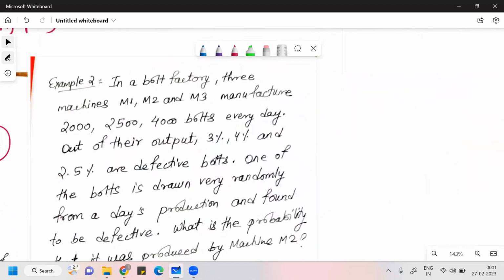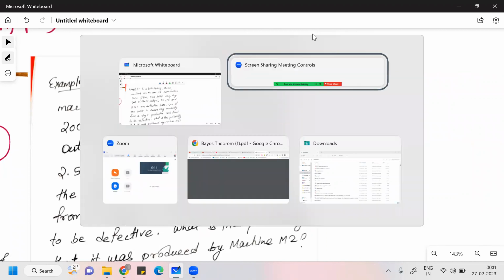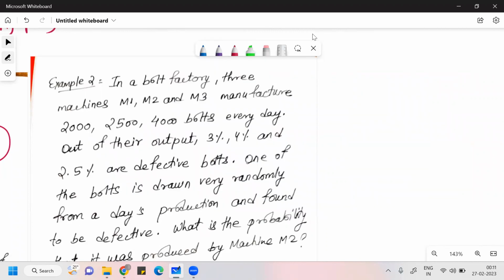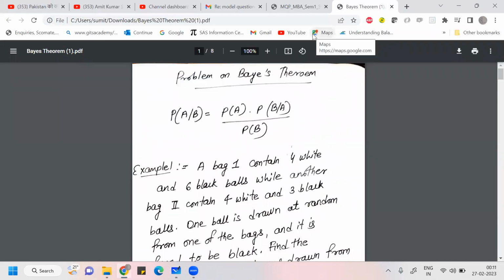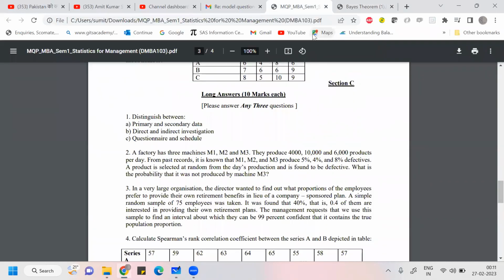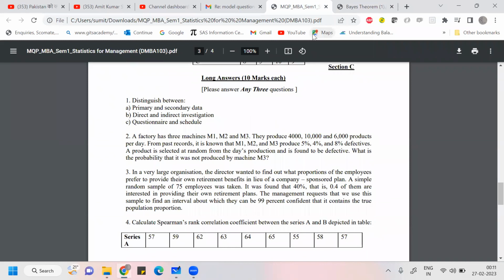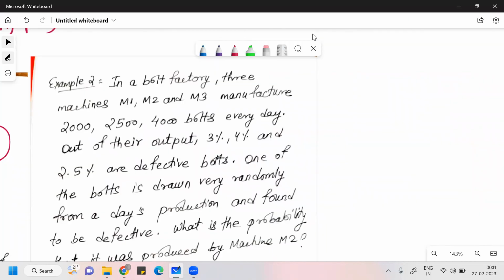So this is another example. This is very similar to the question that came in your model paper. You can see question number 2. This question came for 10 marks. So this question is very similar to the problem which I'm discussing right now.